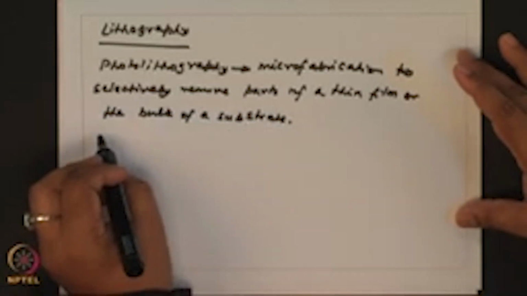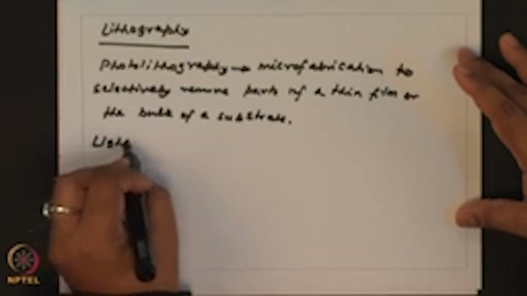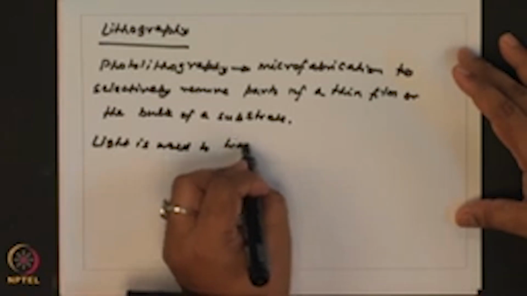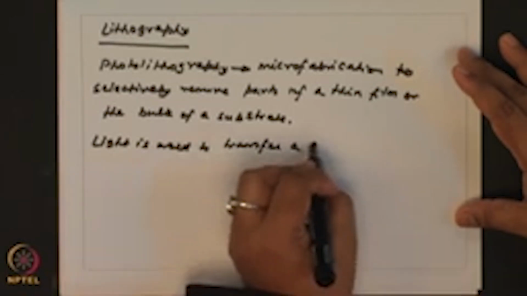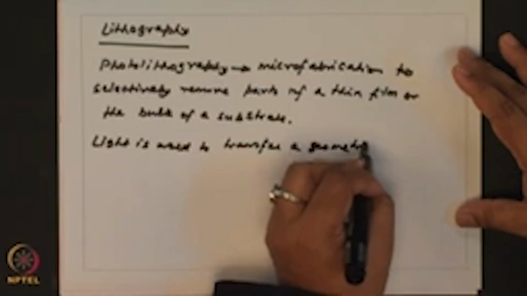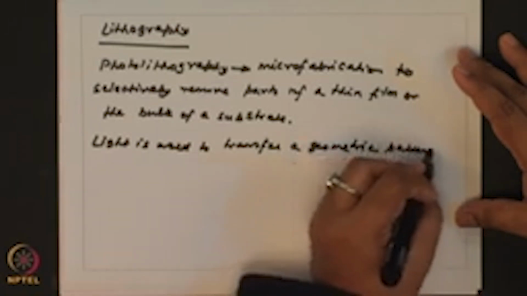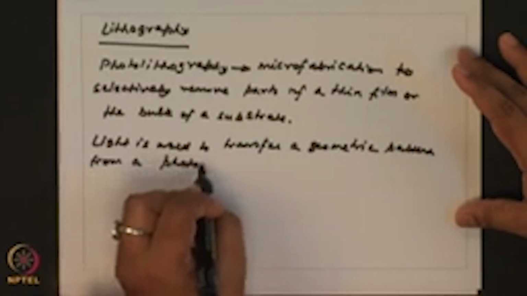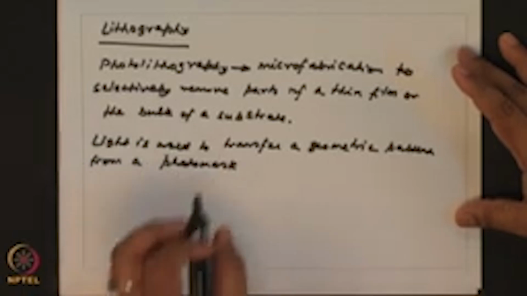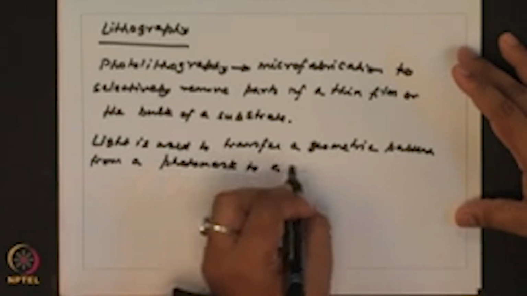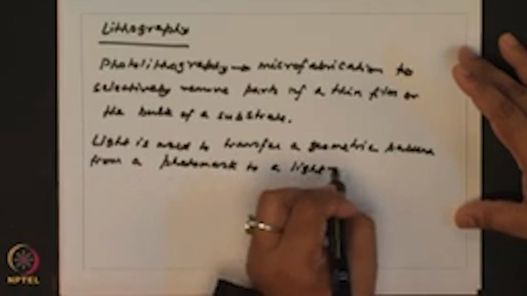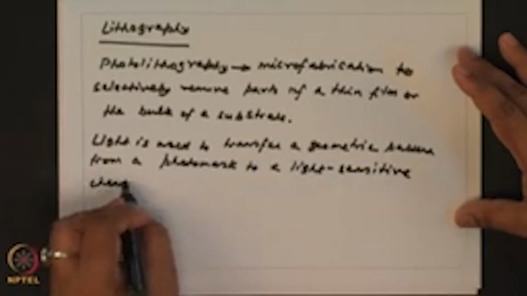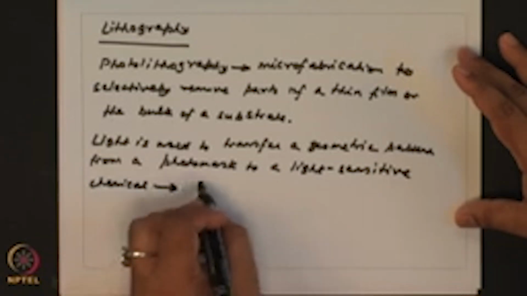In this technique light is used to transfer a geometric pattern from a photo mask to a light sensitive chemical. This chemical is called photoresist.